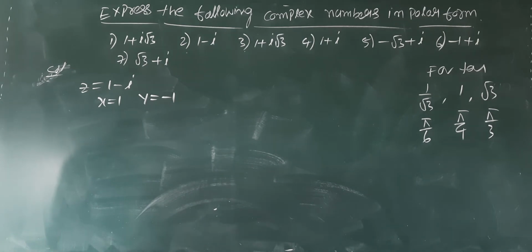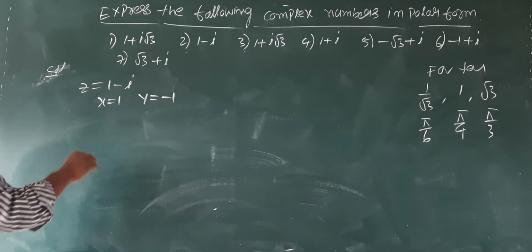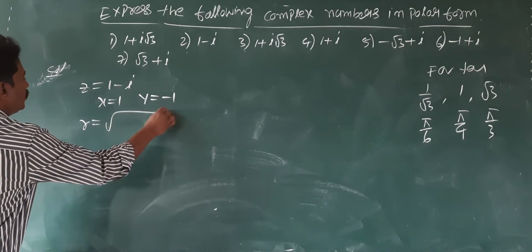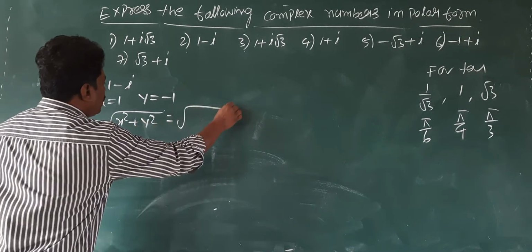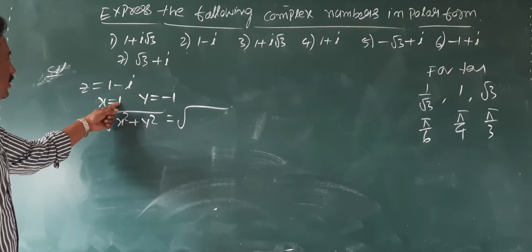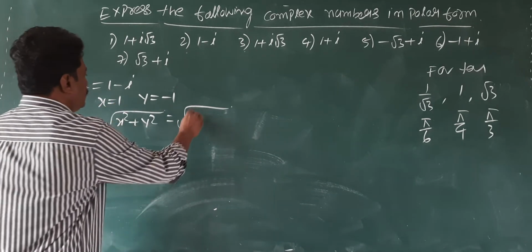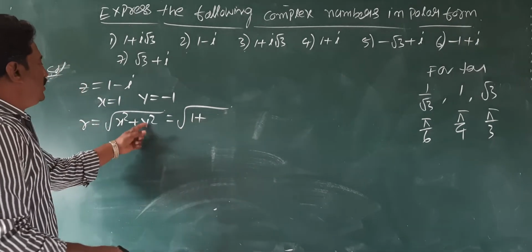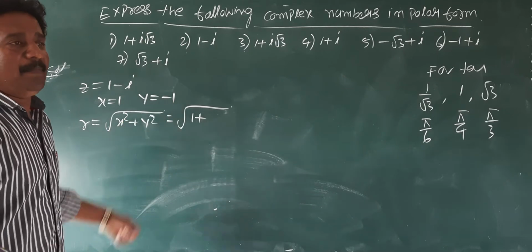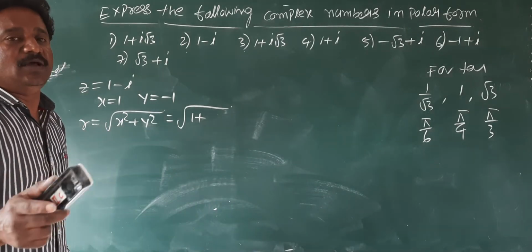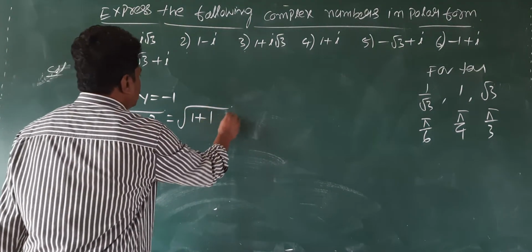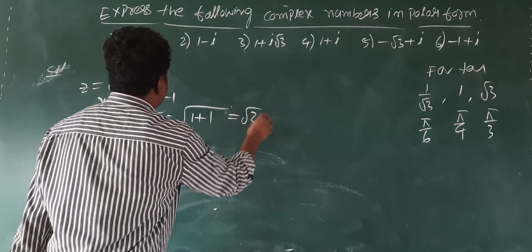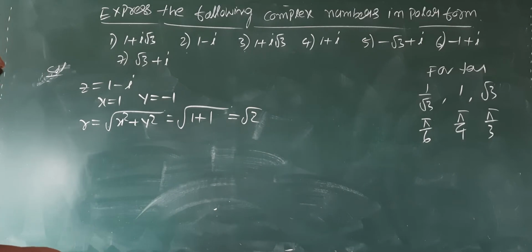Find the modulus r. r equals root of x square plus y square, root of 1 square plus minus 1 whole square. How much is minus 1 whole square? Plus 1. So 1 plus 1, root 2. We got the r value.